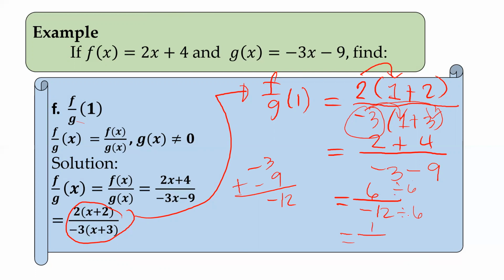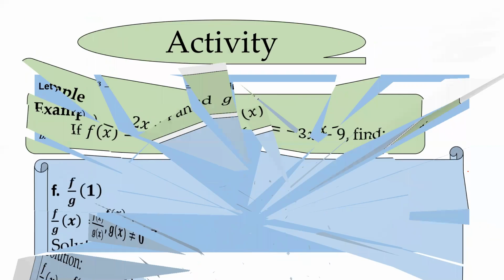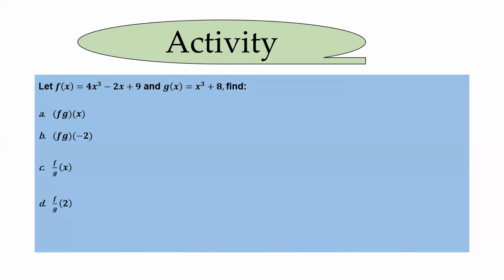Negative 12 divided by 6, that is 2. Negative pa din. Kasi negative divided by a positive, that would give you negative. So the final answer is negative 1/2. Okay, the answer is negative 1/2. Okay, I hope you understand the discussion for multiplication and division.